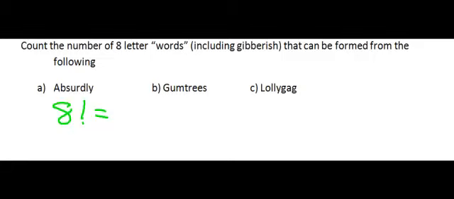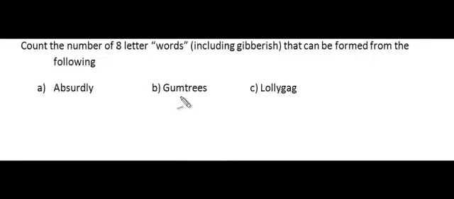On the TI-83 and the TI-84, first you would push the 8, and then you would go to Math, over to the PRB for probability, and then down to 4 for the exclamation. So 8 factorial is 40,320.